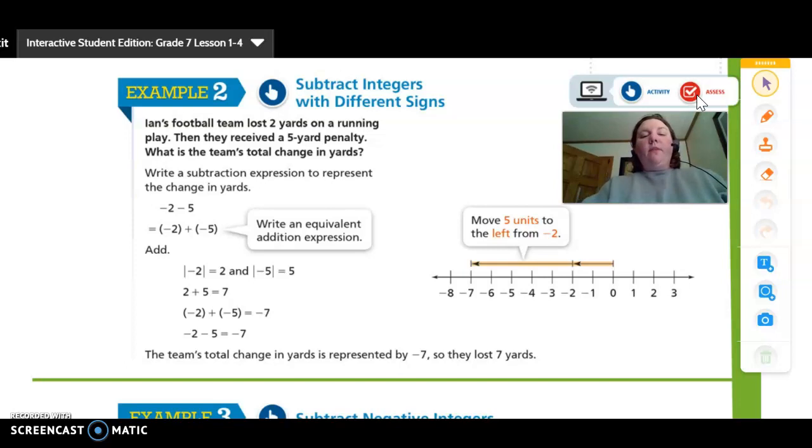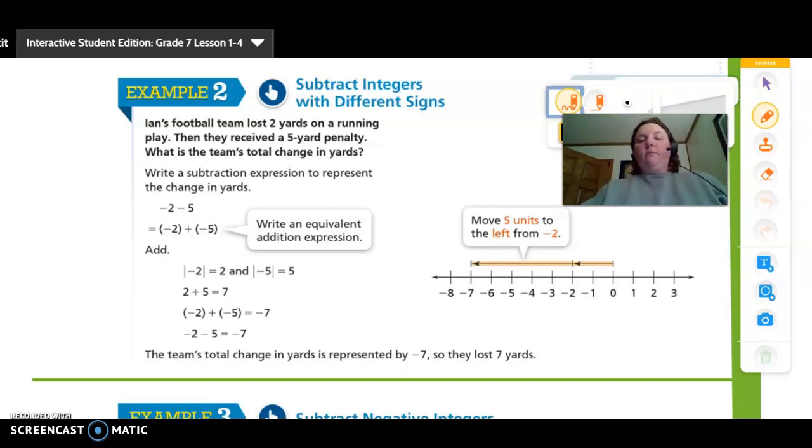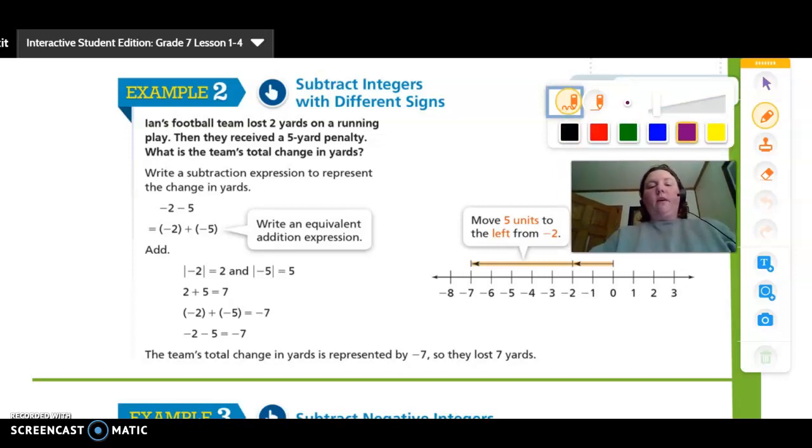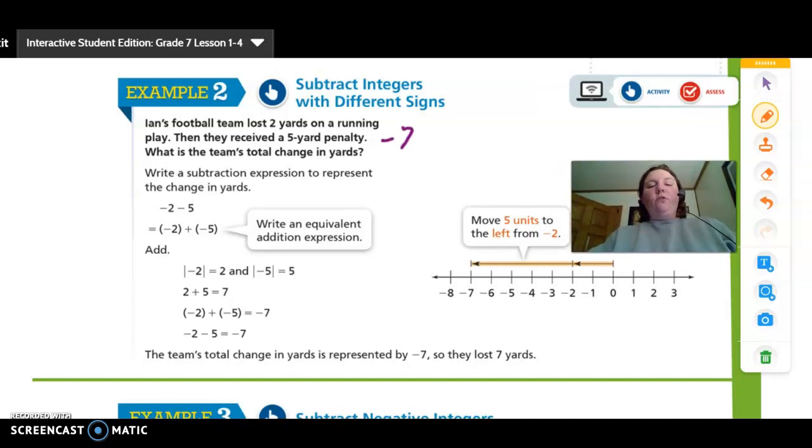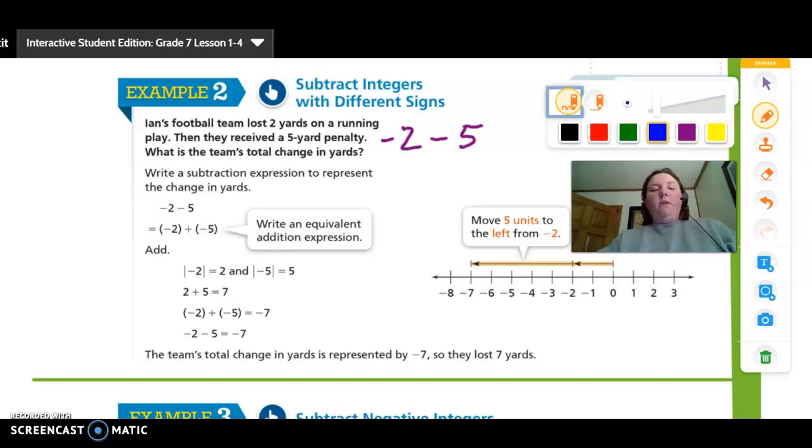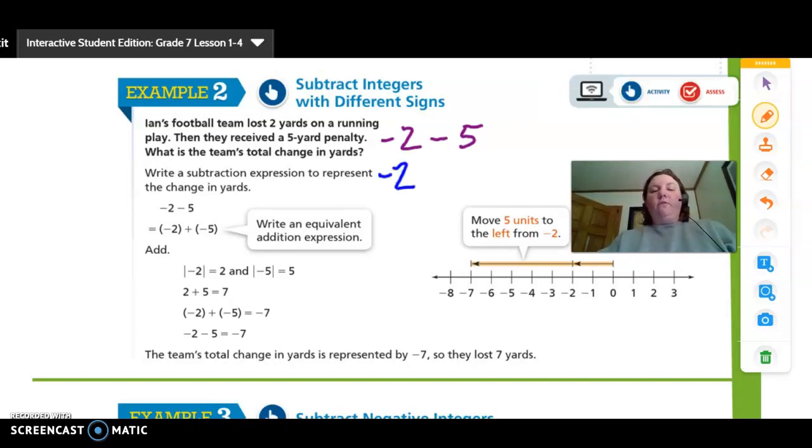So when we think about that in terms of the keep change, I have negative 2 minus 5. The keep change says that I'm going to keep the first, I'm going to change the minus into plus, and I'm going to change the 5 into negative 5.